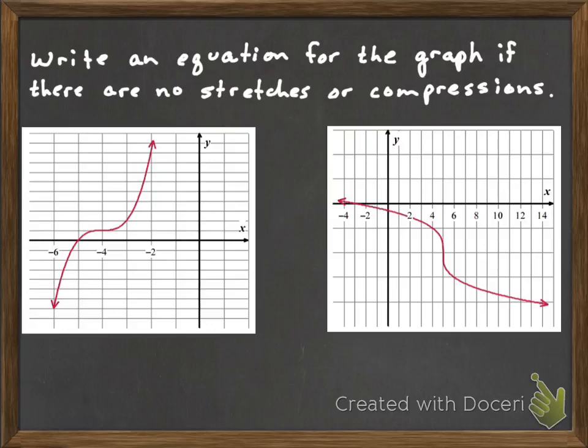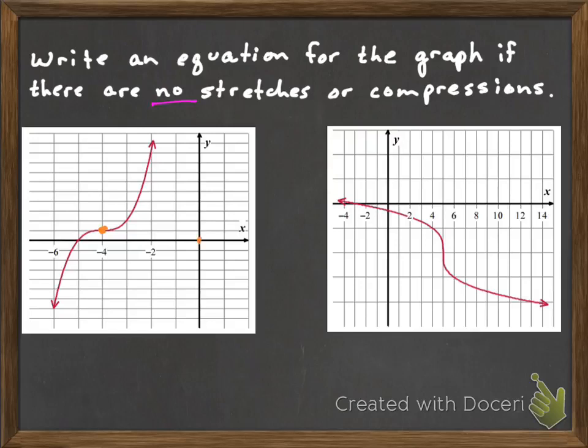All right, so these do not have any stretches or compressions on them. So what we are looking for is where our graph changes concavity, which is right here. That's the point that is being transformed from the parent function of (0, 0).